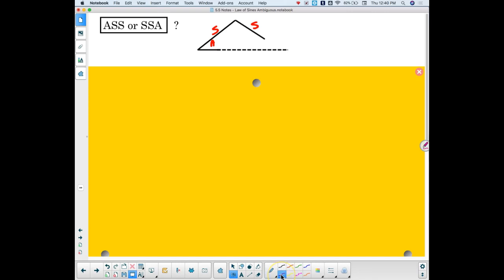And so my question is, is this truly a triangle? Okay? So I'm going to have you actually try one, because you can use the law of sines on this one, because we have one complete angle and side pair.